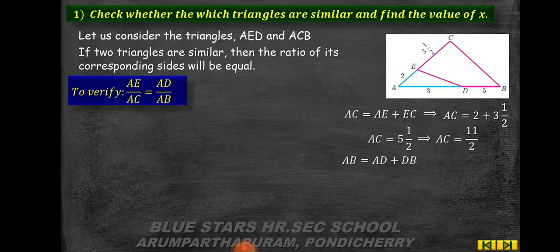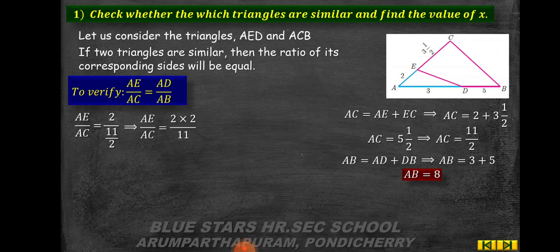AB is equal to AD plus DB, which implies AB is equal to AD value 3 plus DB value 5. So AB is equal to 8. So AE by AC is equal to 2 divided by 11 by 2, which implies AE by AC is equal to 2 into 2 by 11. AE by AC is equal to 4 by 11, which is your equation number 1.